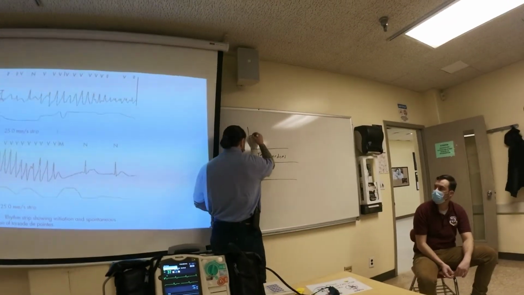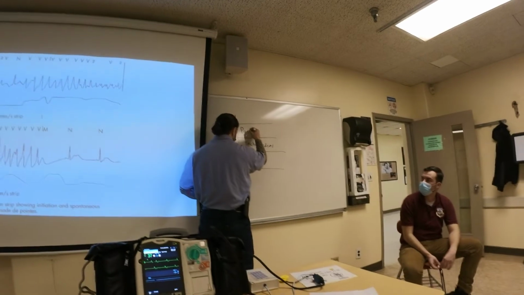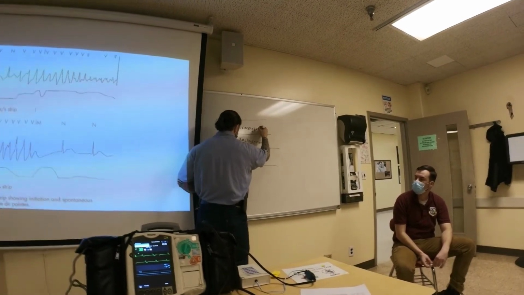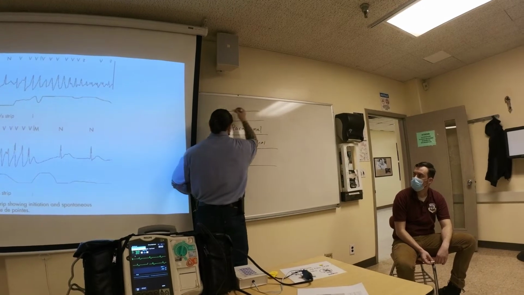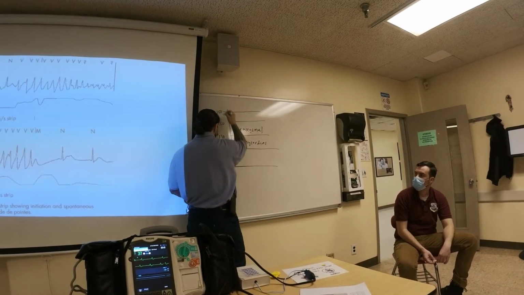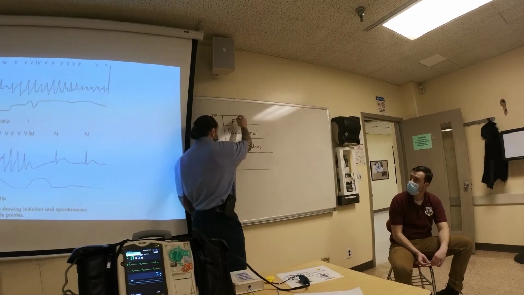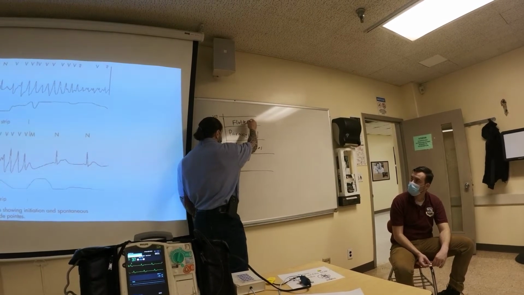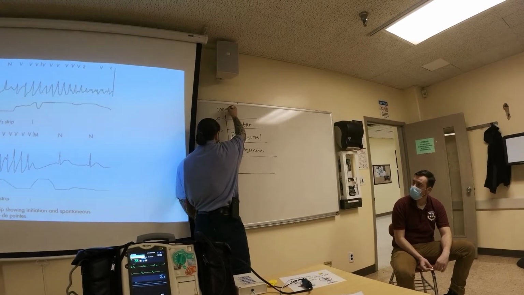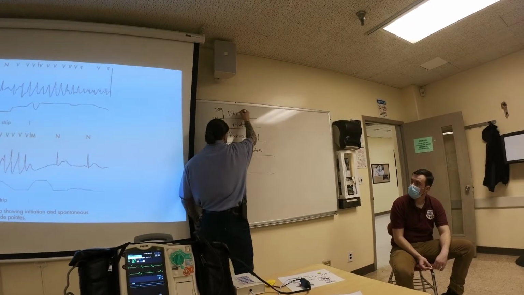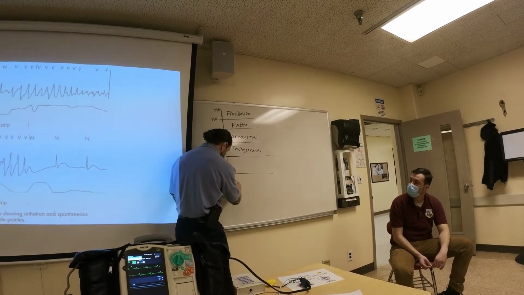Once you get to 150 to 250, this is where you get those paroxysmal tachydysrhythmias. At 250 to 350, this is where you get flutters. Above 350, this is your fibrillation. And obviously below 60, this is your bradycardias.